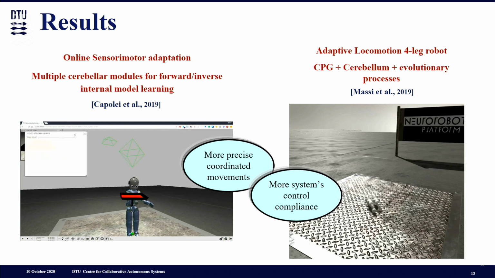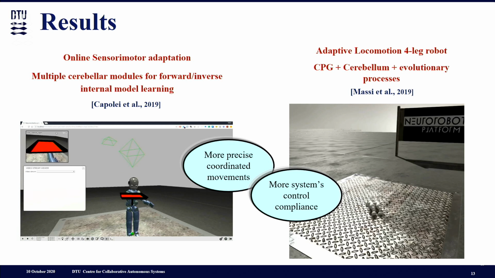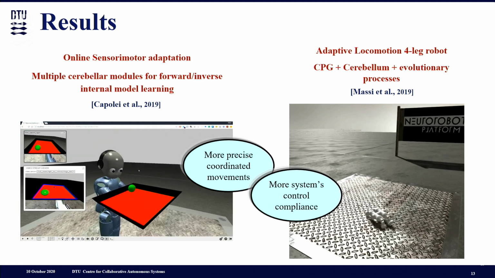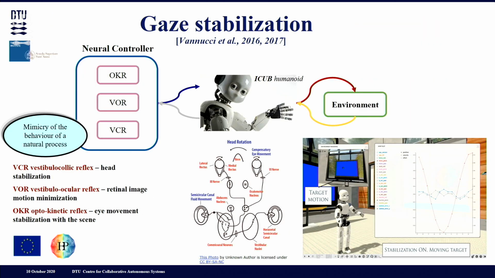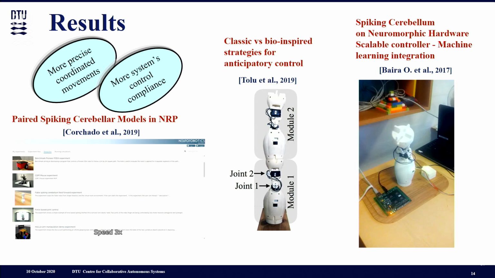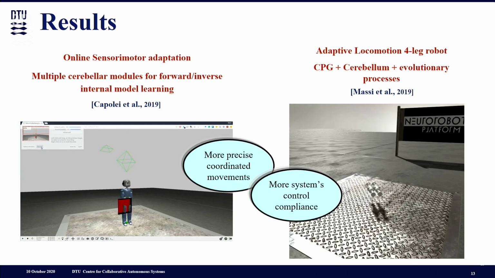So these are two examples that both used cerebellar internal models. The first one was made with the humanoid robot iCub for online sensorimotor adaptation, and the second one was made in simulation also with a modular robot called Fable by Shape Robotics in a four-legs configuration, because the first one was for manipulation and the second one was for locomotion.